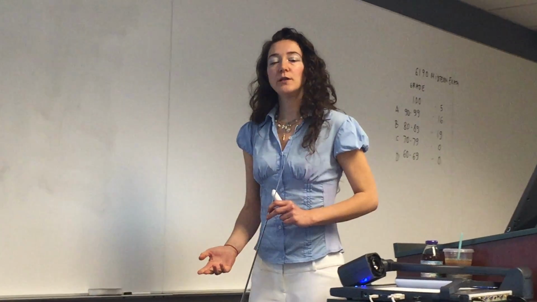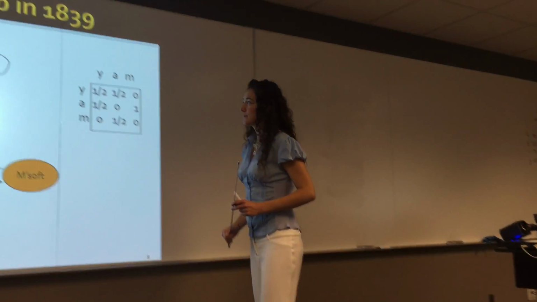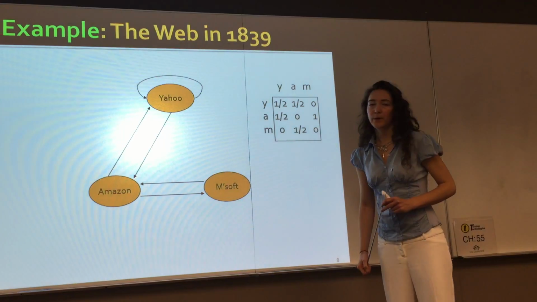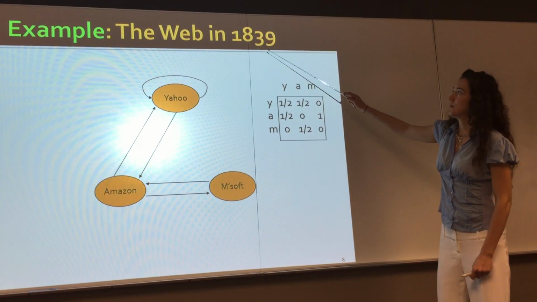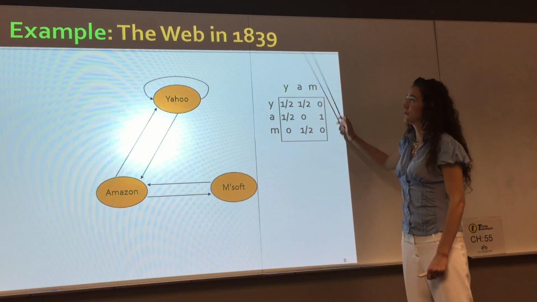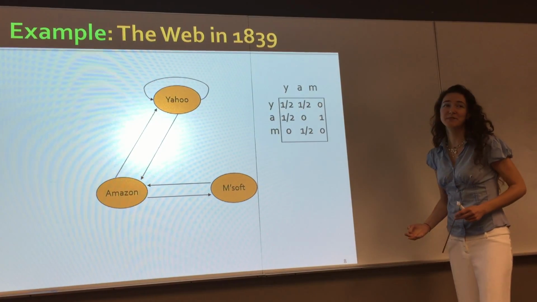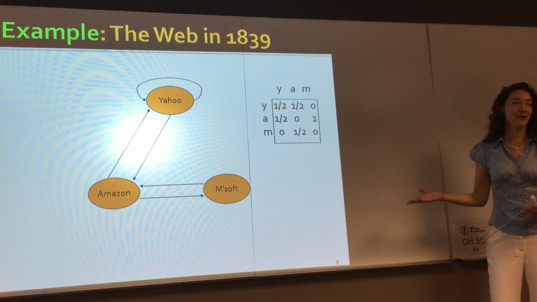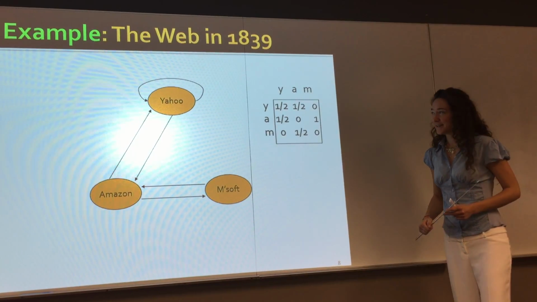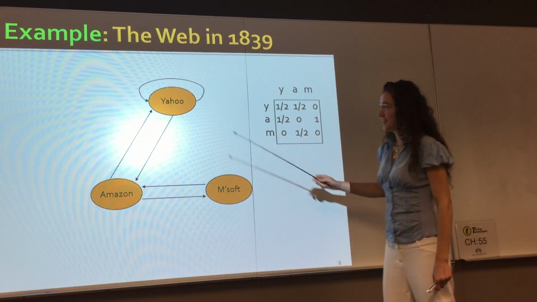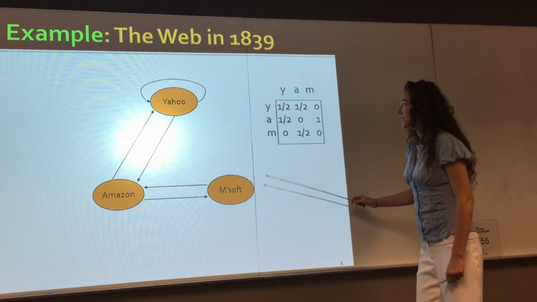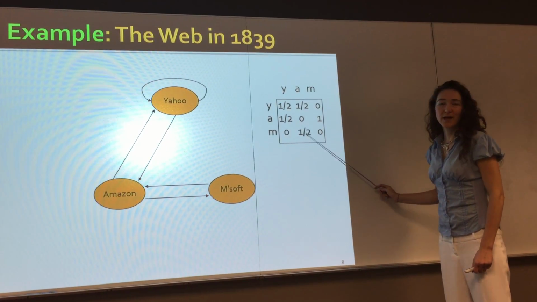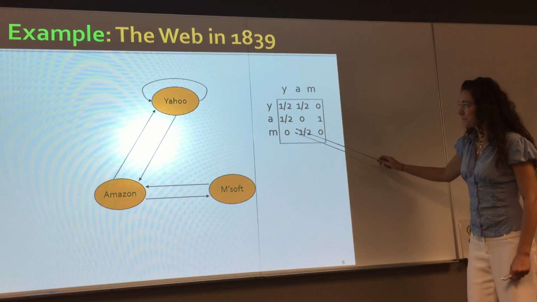Let's see an example. We cannot show the entire web on this PowerPoint slide because the web has trillions of web pages right now. But what we can show is the web that we saw in 1839. There were only 3 websites, and this is how the web looked like. We have the Yahoo website, Amazon website, and Microsoft website. This is the matrix M that we were describing.